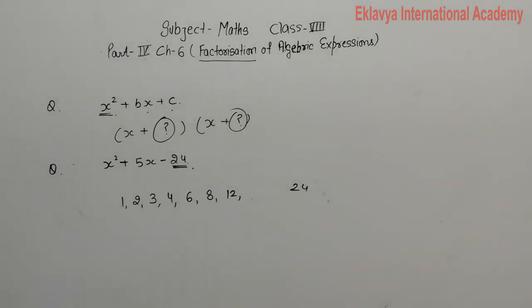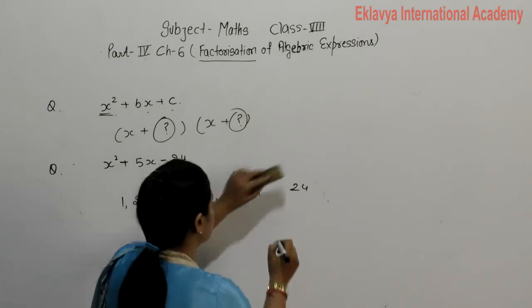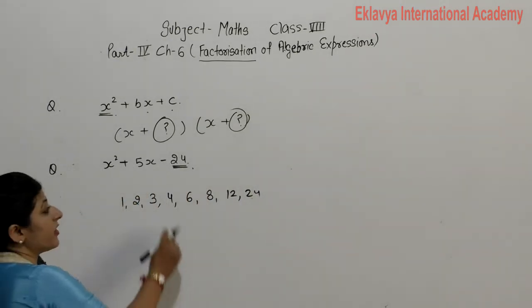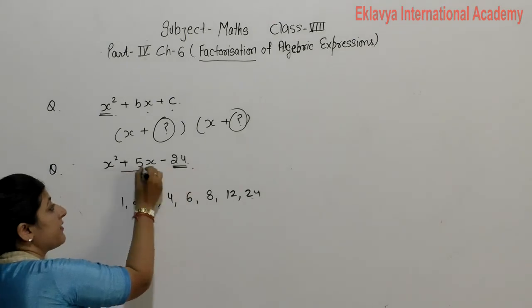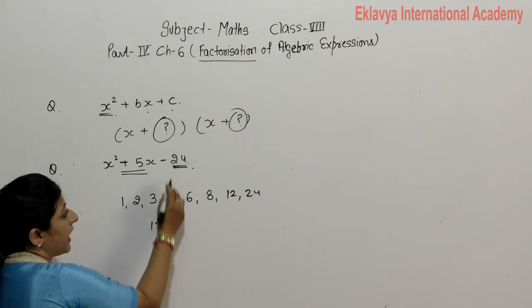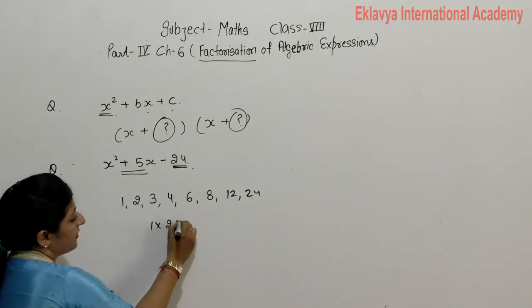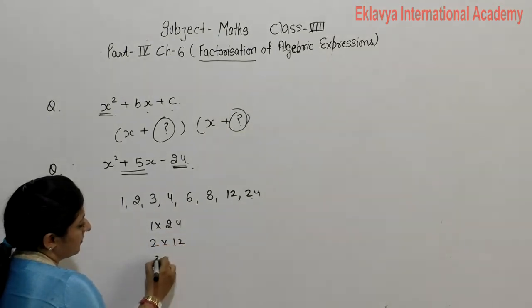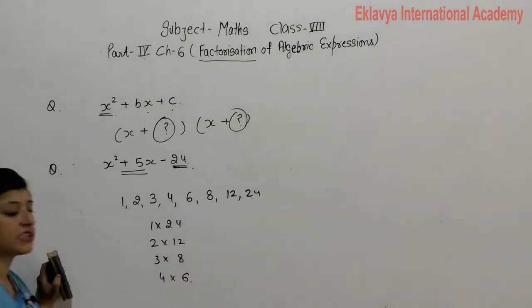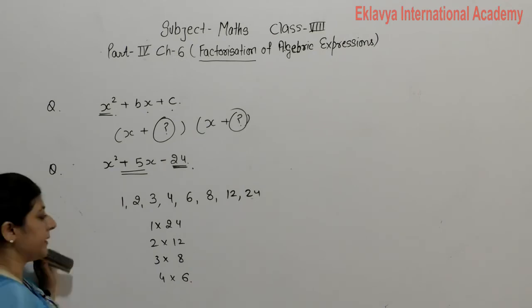Okay, this type we find out the factors of 24. We need the factors of 24 and we will multiply them to get 24. So we can do minus 24. We have the factors like this. These 4 pairs, then again they start to repeat.